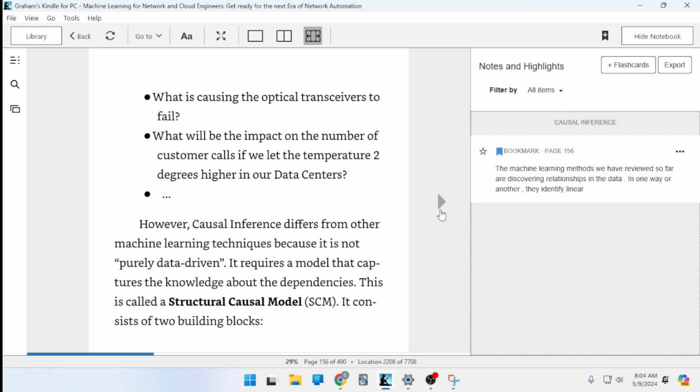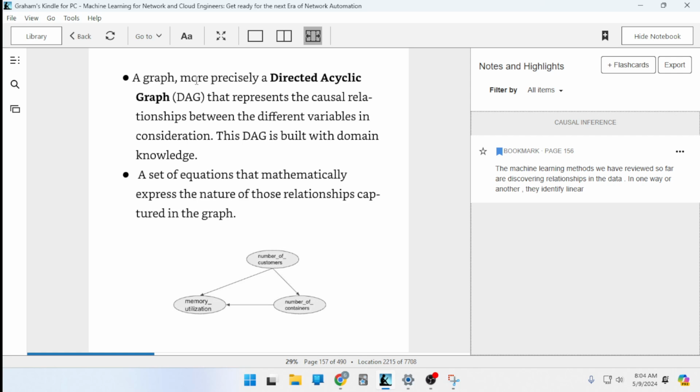It consists of two building blocks: a graph, more precisely a directed acyclic graph, DAG, that represents the causal relationships between the different variables in consideration. This DAG is built with domain knowledge, along with a set of equations that mathematically express the nature of those relationships captured in the graph.